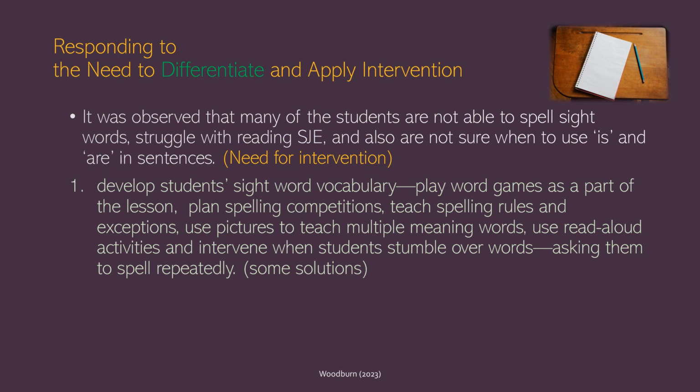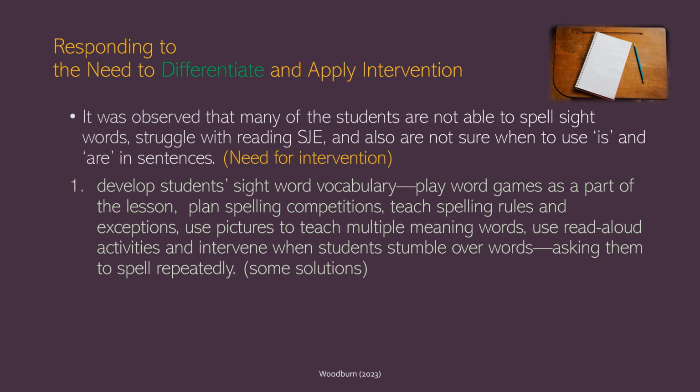As we can see in this part of the evaluation, the students had many issues related to language use. So, if the students are struggling with sight words, struggling to read standard English, are not aware of the being verbs is and are and how they should be used in sentences, the teacher can do several things.